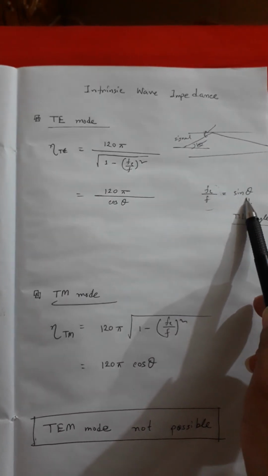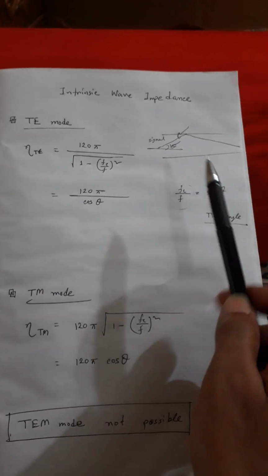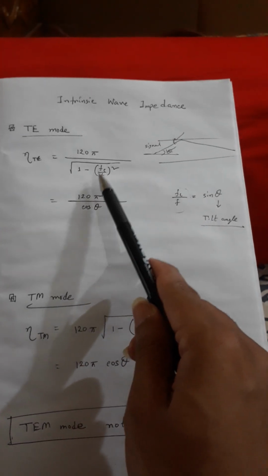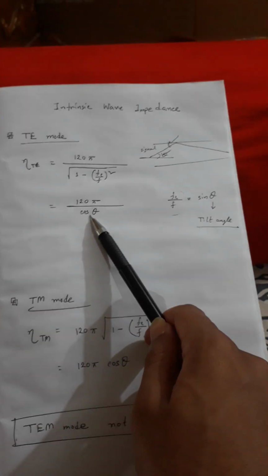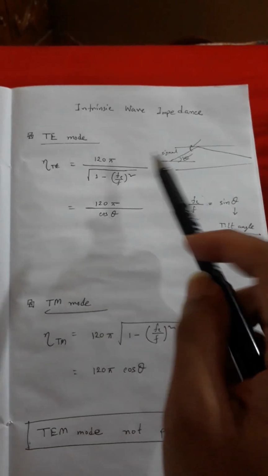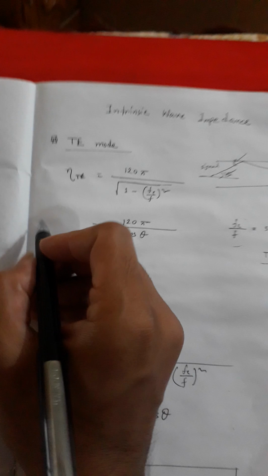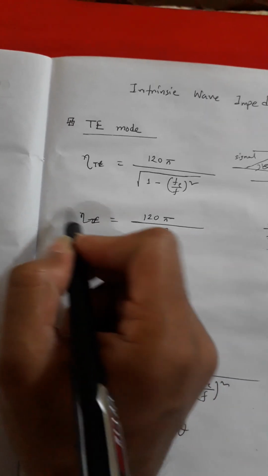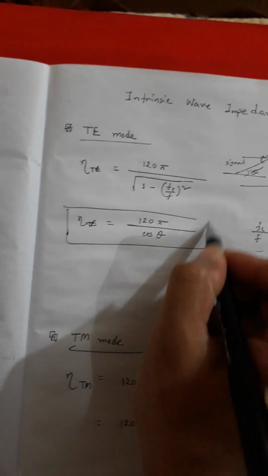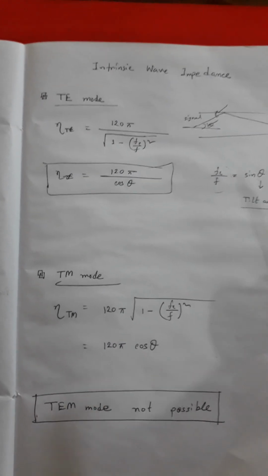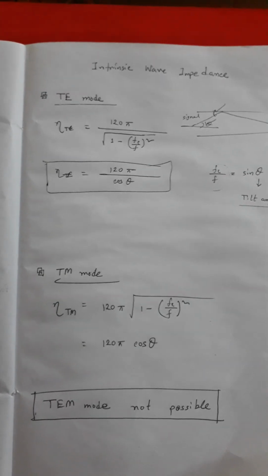So eta TE is equal to 120 pi divided by the square root of 1 minus sine square theta, and 1 minus sine square theta means cos square theta, and the square root of cos square theta is cos theta. So finally we can write that eta TE is equal to 120 pi divided by cos theta. It's the simplified equation of the TE mode intrinsic wave impedance.